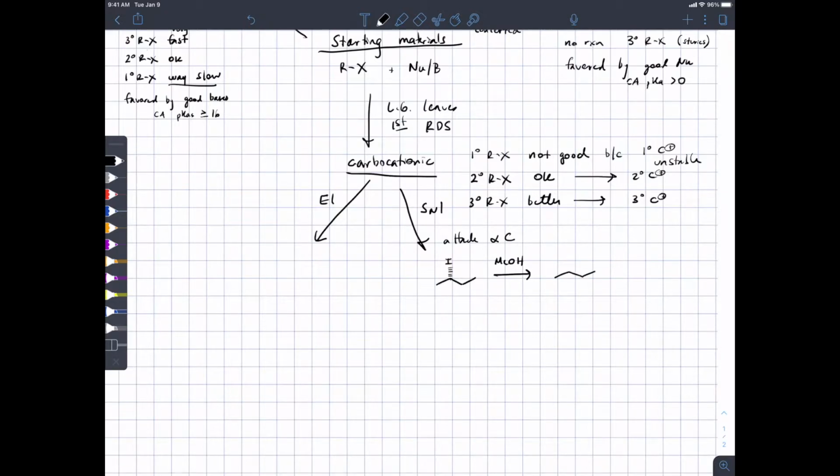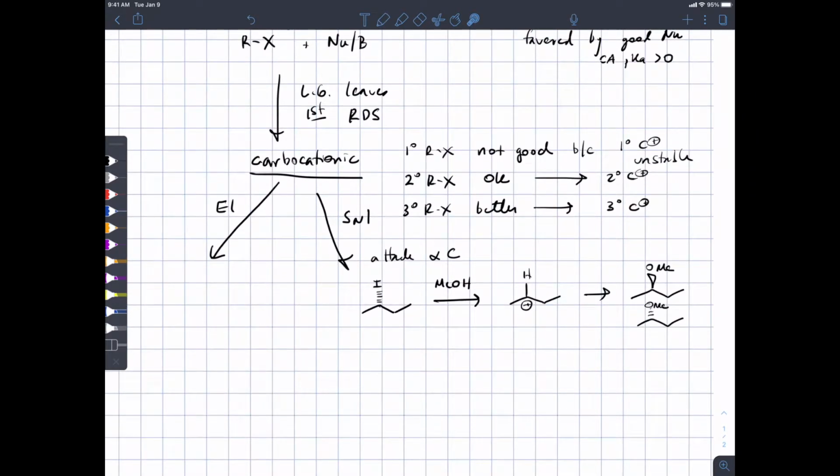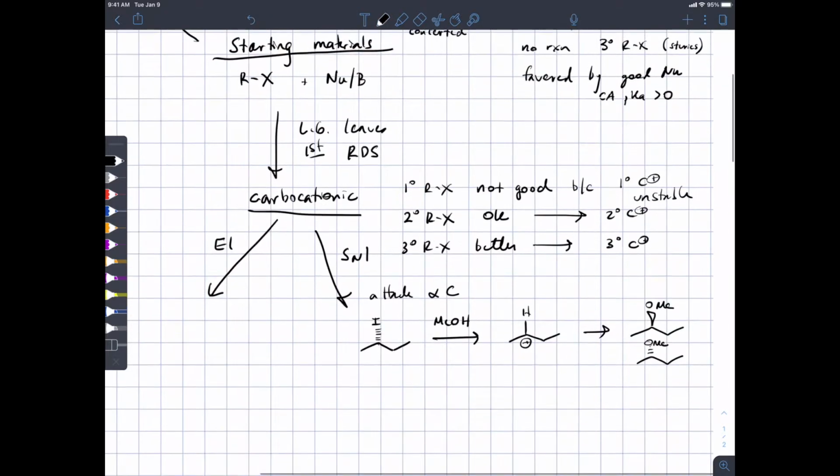You get the carbocationic intermediate, and then in the product you get both possible configurations for your substitution products. So this first step, leaving group leaves, will be better for tertiary alkyl halides, but in general you won't even go here if there's another option.